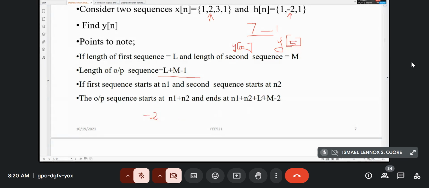And it will end at minus 1 plus 7 minus 2, so this will be plus 3. So the output will be y[-2] all the way up to y[3]. I hope we understand that, whichever method we use.